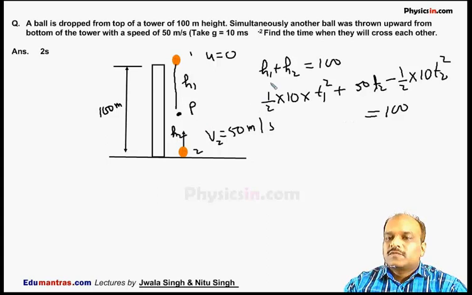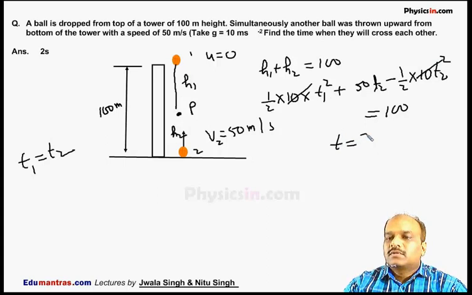We can also say h1 is this, h2 is this, and since these two balls are dropped and thrown, they meet, so it means t1 must be equal to t2. So if I equate t1 and t2, these two terms will cancel out and we get t equal to 2 seconds. So after 2 seconds these two balls will meet.